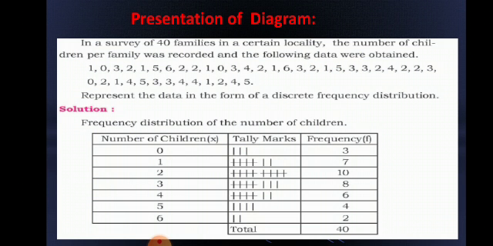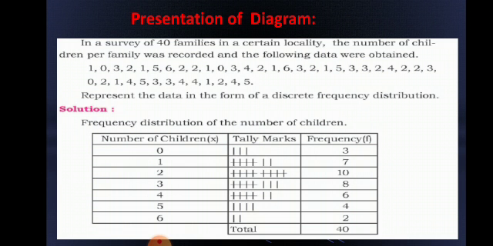Again I have taken the same example: 40 families and their respective number of children were recorded. In the number of children column you can see the variable, and the values are in the frequency column. We use the last column, the frequency column, to represent the pie chart.